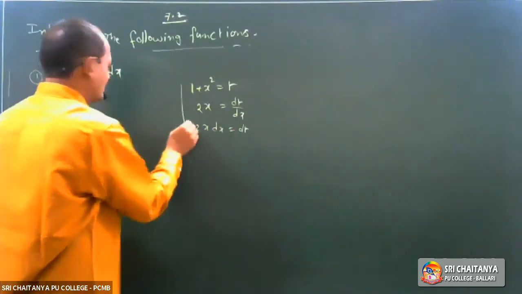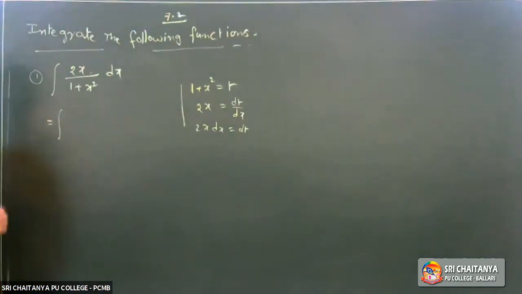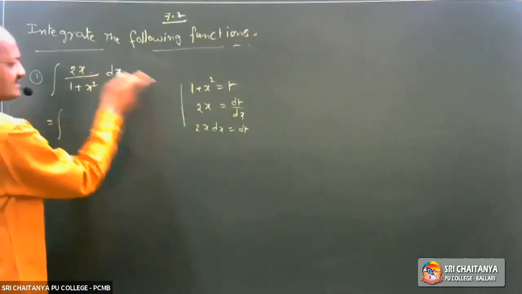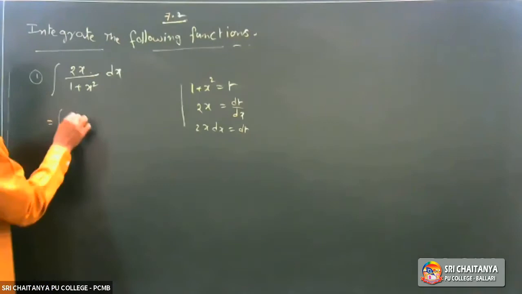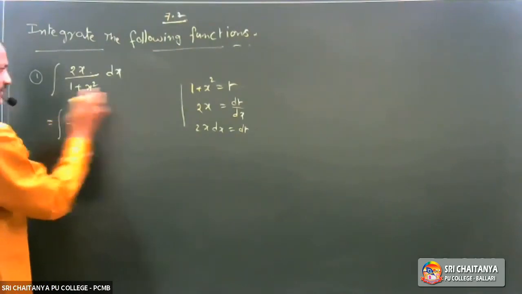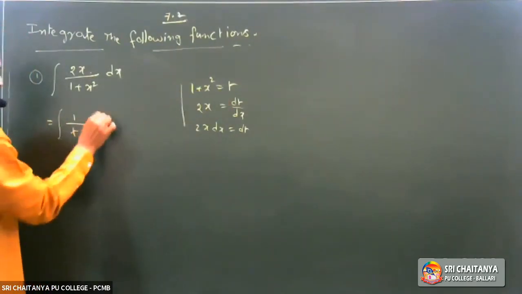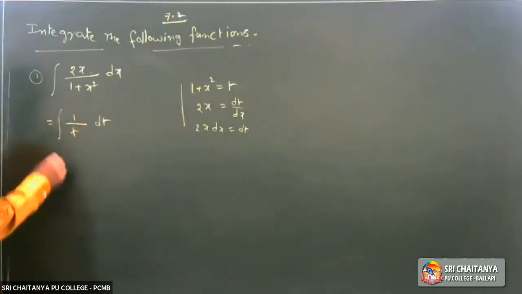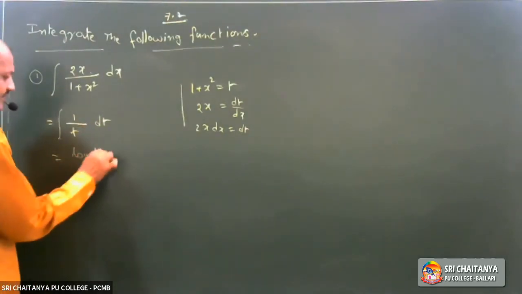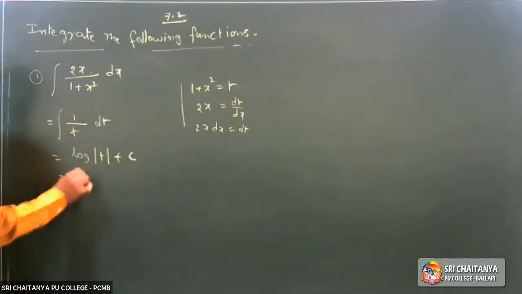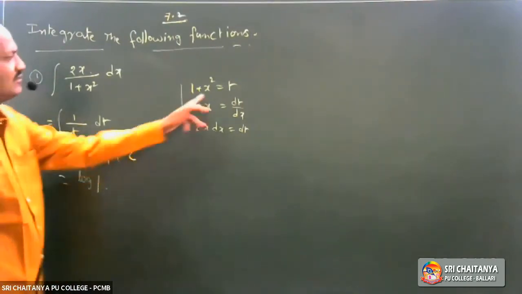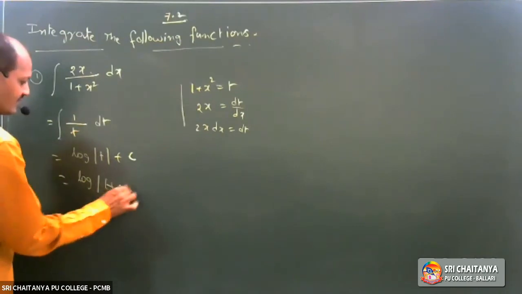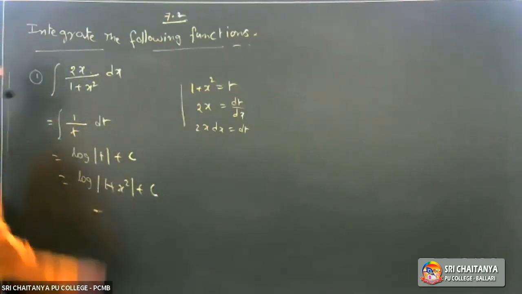So it is the integral of the numerator 2x dx, which is dt, and the denominator 1 plus x square is t. Integral of 1 by t dt is log mod t plus c. What about t? It is 1 plus x square, so log mod 1 plus x square plus c.